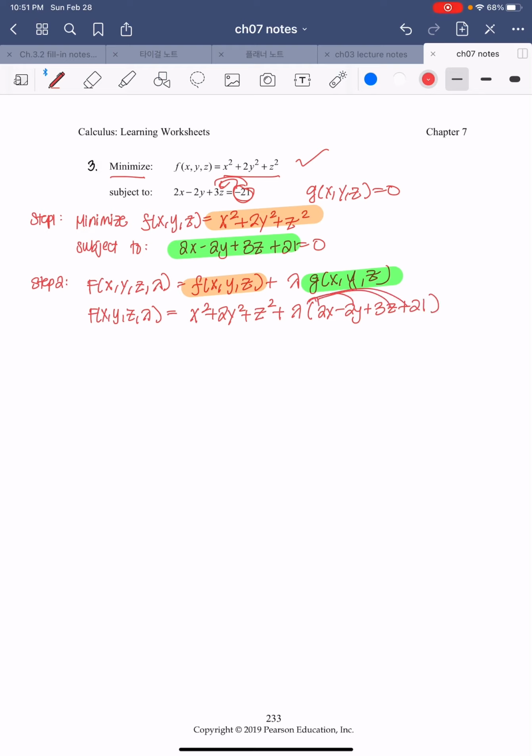I'm going to distribute all the lambda. So my final equation after distributing will look like x squared plus 2y squared plus z squared plus 2x lambda minus 2y lambda plus 3z lambda plus 21 lambda.